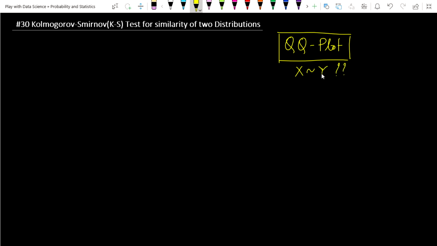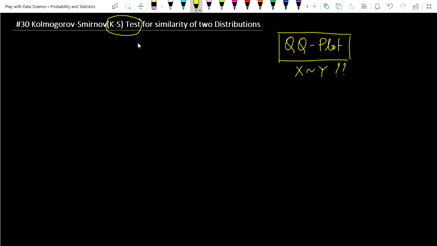Now in this video we will try to understand how this is done in the pre-computer era, when there was no computer to plot the graph. In those days the scientists and mathematicians used the KS test to find the similarity between two distributions.